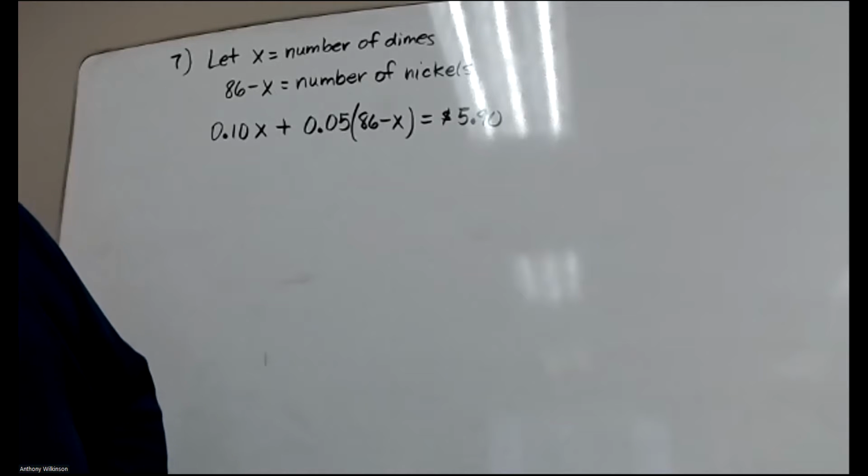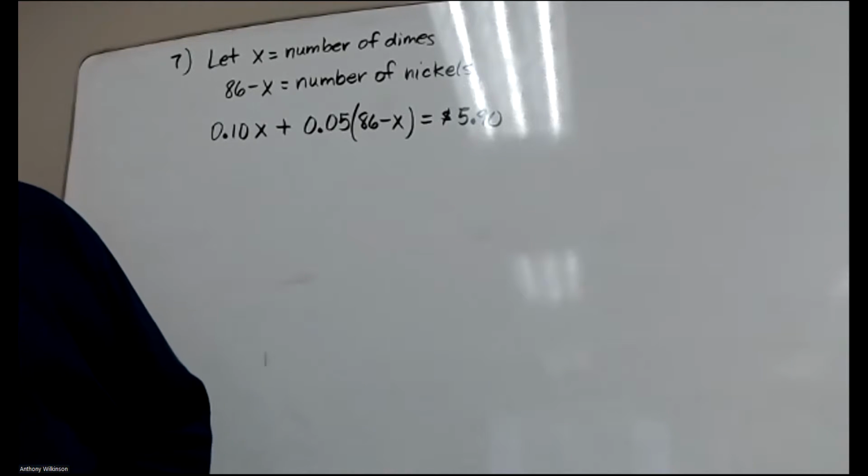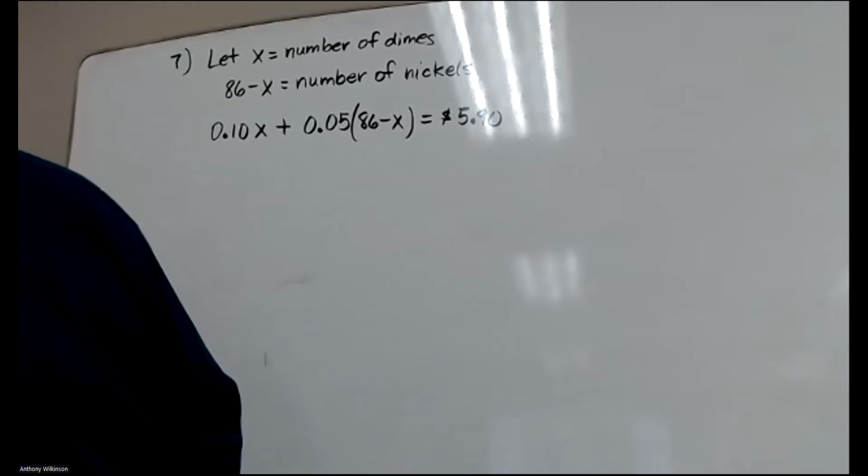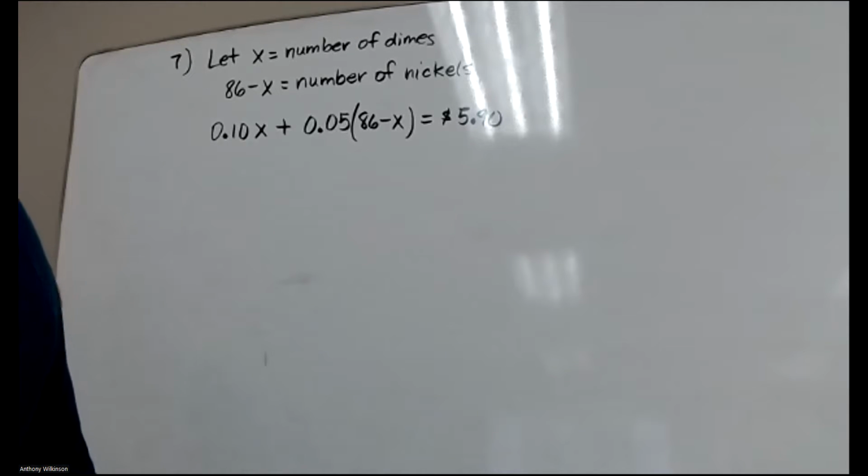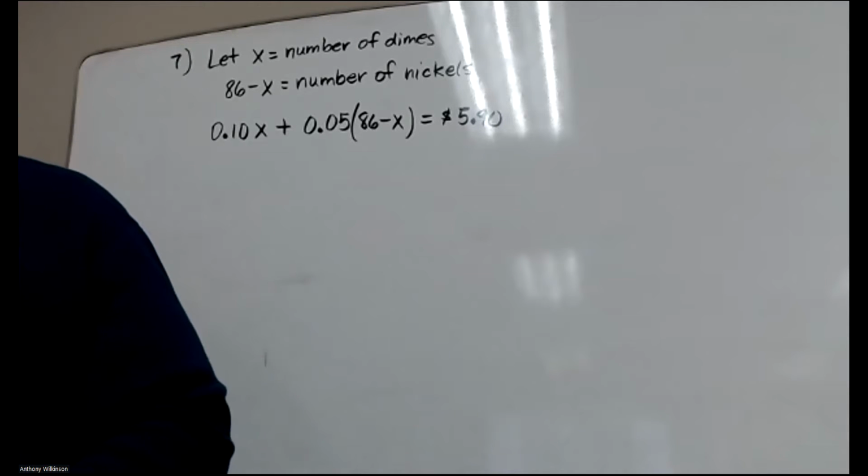And then the next step would be to go ahead and solve this equation for X. And they did say how many dimes, how many nickels are in the box. So we're going to be looking for both the number of nickels and the number of dimes in that box. So here we're going to be using the distributive property.